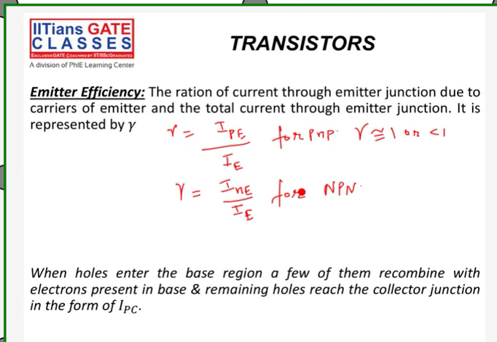So now, when holes enter the base region, a few of them recombine with the electrons present in the base region, and the remaining holes reach the collector junction in the form of IPC. That is, I have already given here.